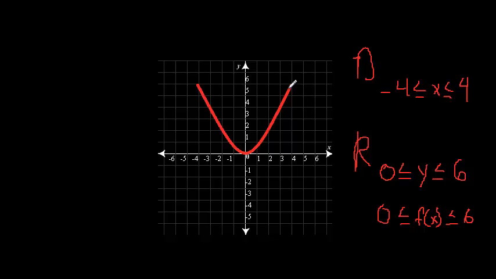If, however, our graph has arrows at the end, it does not stop at those points. It continues on. So in this case, our domain with those arrows, if I continue that arrow, I'm going to go on to the left forever, which means I will eventually get somewhere near negative infinity.